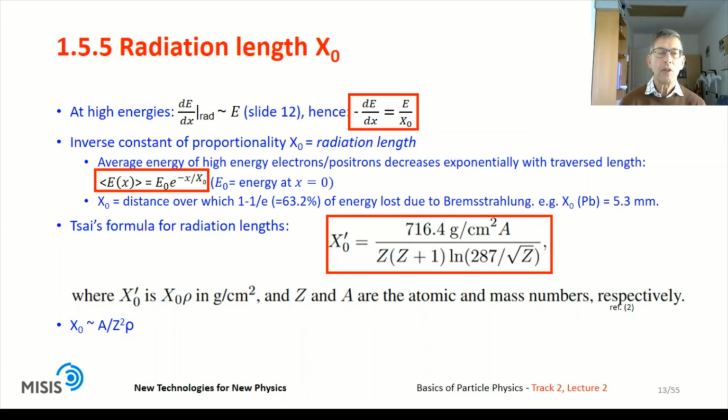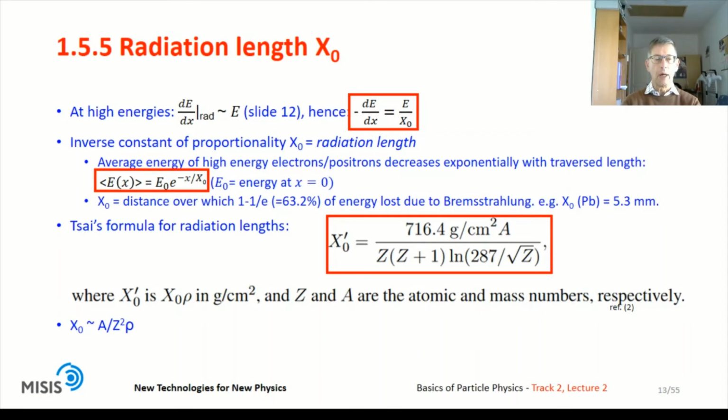Since dE/dx is proportional to E, that means that the energy follows an exponential law, and it falls off as e to the minus x over x0. So the radiation length is also the distance over which 1 minus 1 over e of the energy is lost due to Bremsstrahlung. The formula for x0 is given here on this page.